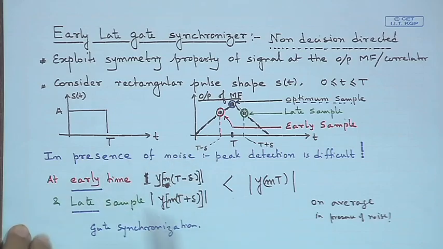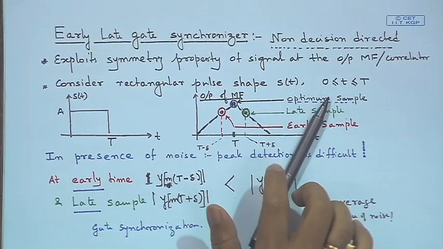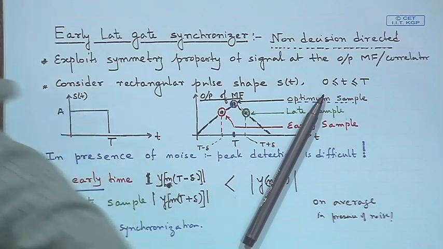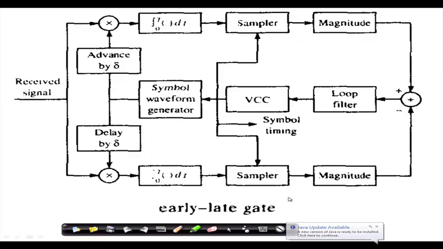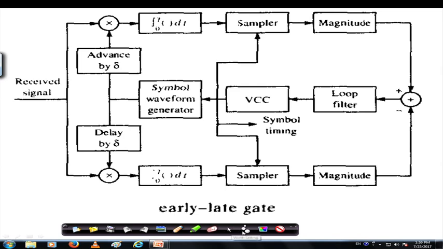So, that is the philosophy that we use in the early late gate receiver, and here is the block diagrammatic representation of the early late gate receiver. You have the received signal here, you split it in two directions as we always do, and multiply by the waveform generator, that is g of t minus nT.